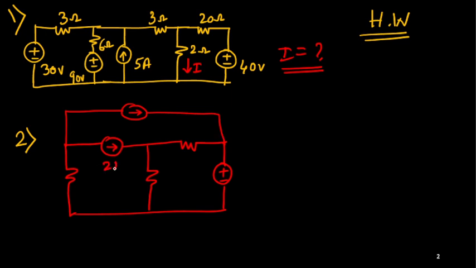This is your 2 ampere, this is 1 ohm, this is suppose 3 ampere, and let us take 1 ohm again to simplify the problem. This is also 1 ohm and this is 4 volt. Can you find the current through this branch? So what is the current here?